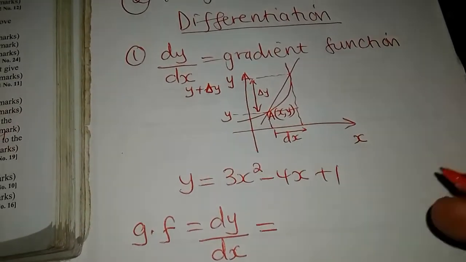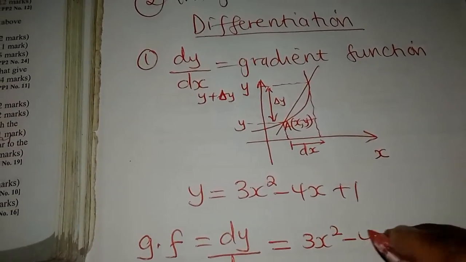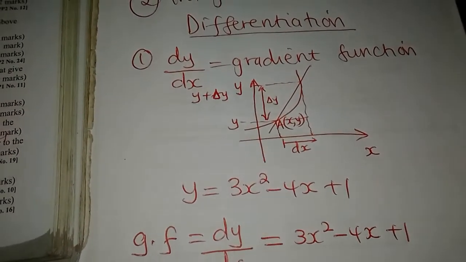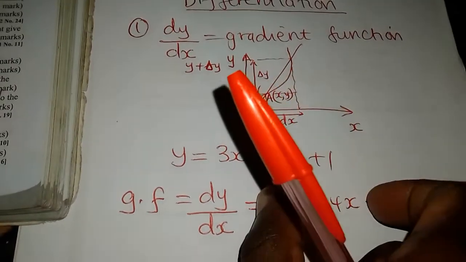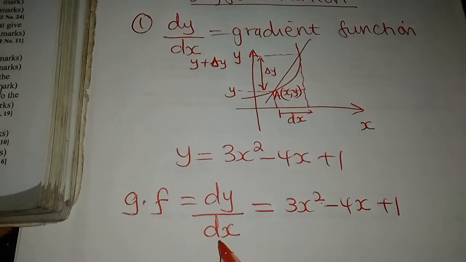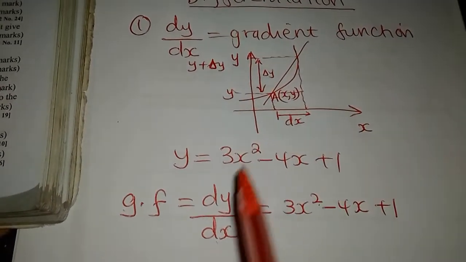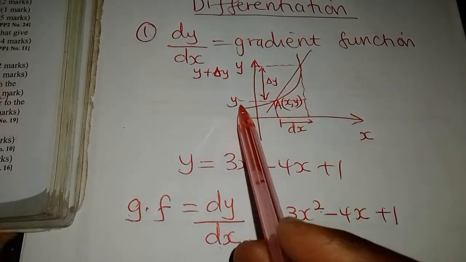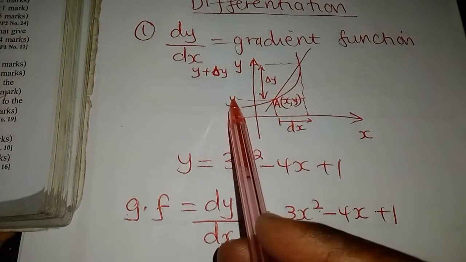You come and pick this curve and write it here: 3x squared minus 4x plus 1. Now with differentiating, you have to differentiate this curve for you to get the dy dx, or the gradient function of this curve. So for me to get the gradient function of this curve, what do I do?